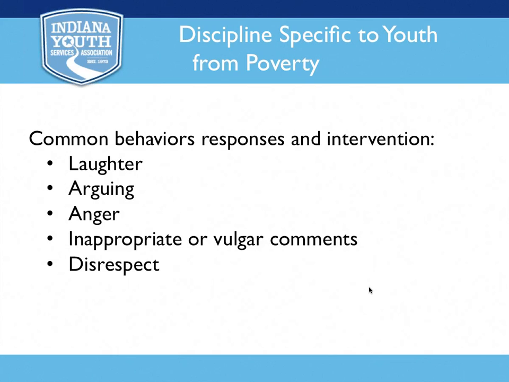So there are certain behaviors that are related to poverty, and understanding these behaviors will allow us to provide corresponding interventions. Many times children who live in generational poverty will laugh when they are disciplined. A lot of times this is about saving face, and their pride not being damaged.